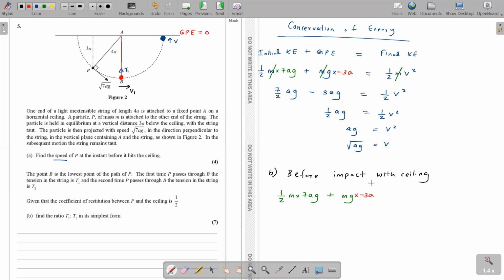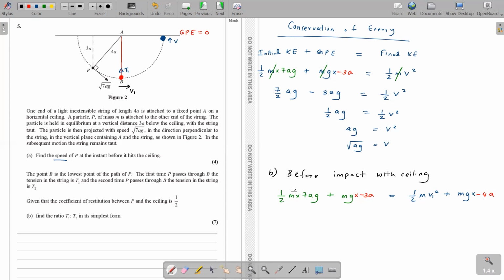That equals the final energy at point B: kinetic energy half m v1 squared plus GP, mgh. What is h here? It's directly 4a, since this is an extensible string of length 4a, and since you are below your GP level, it will be minus 4a.